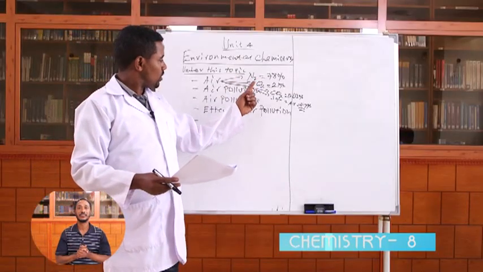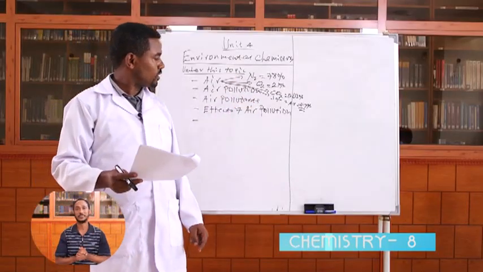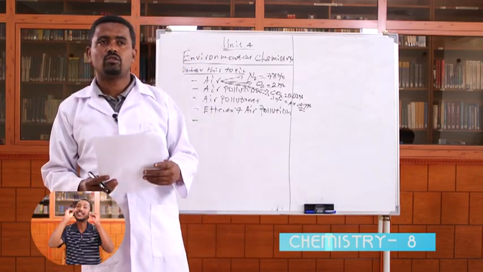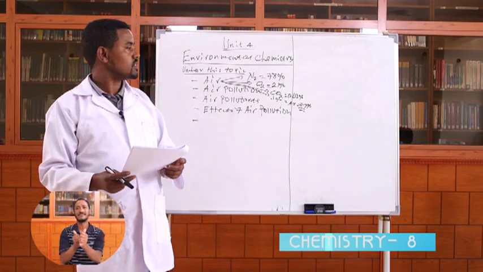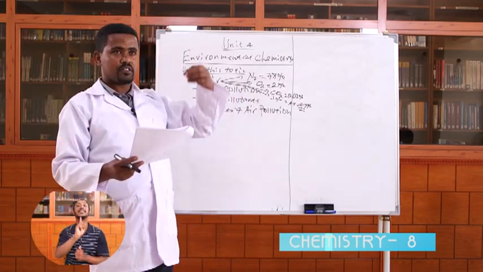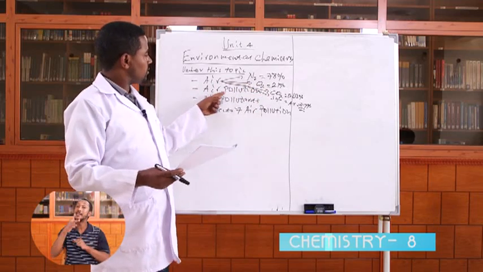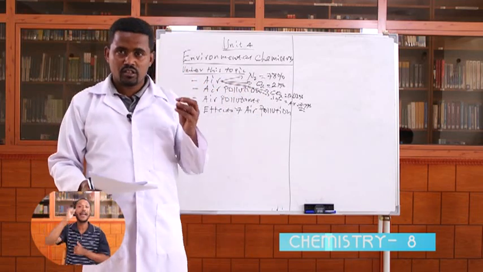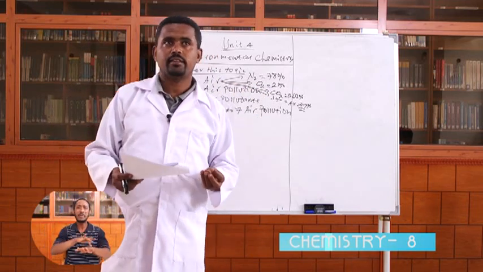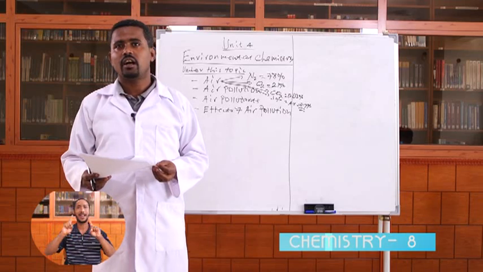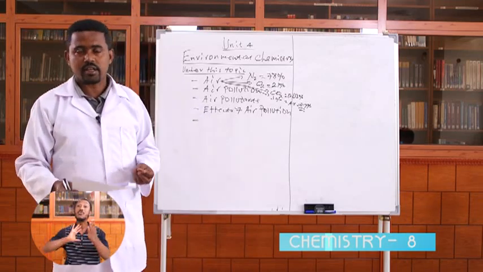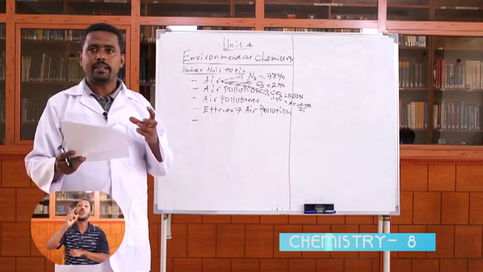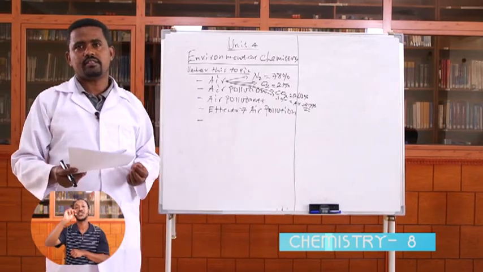Okay, let's go to what is air pollution. Students, as you have seen from your different subjects, air pollution is the contamination of air by different harmful substances and tiny solid particles.